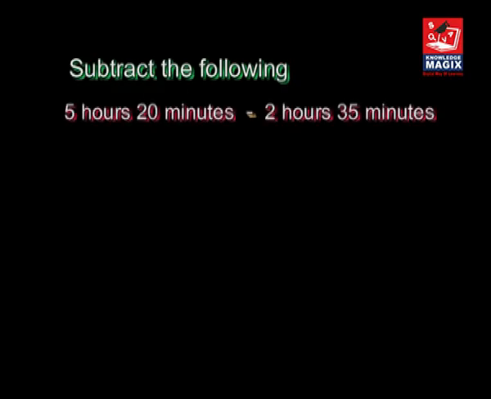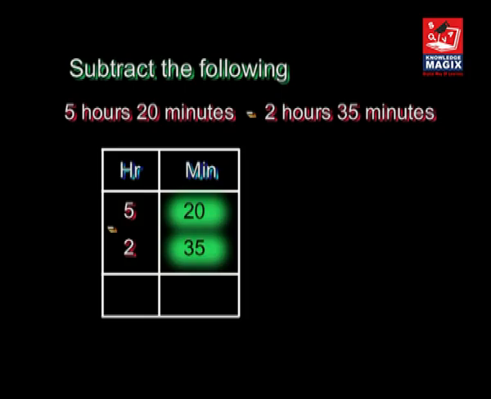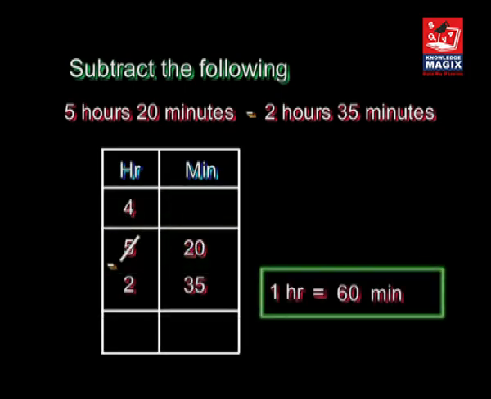Next, subtract the following. 5 hours 20 minutes minus 2 hours 35 minutes. First we'll make the columns of hours and minutes. 35 minutes cannot be subtracted from 20 minutes. So, we borrow 1 hour and convert it into 60 minutes for the subtraction.